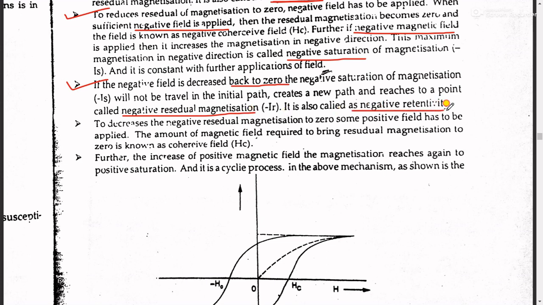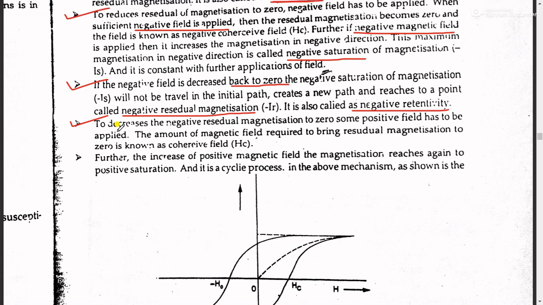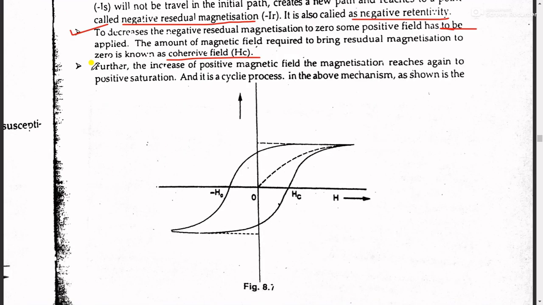Okay. So next property, to decrease the negative residual magnetization to zero, some positive field has to be applied, the amount of magnetic field required to bring the residual magnetization to zero.